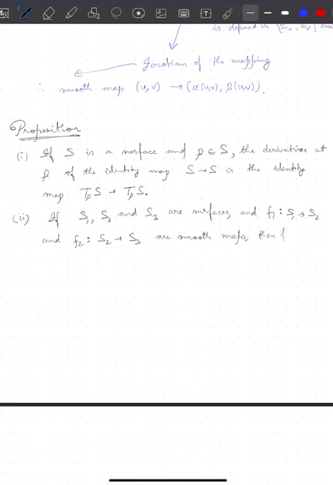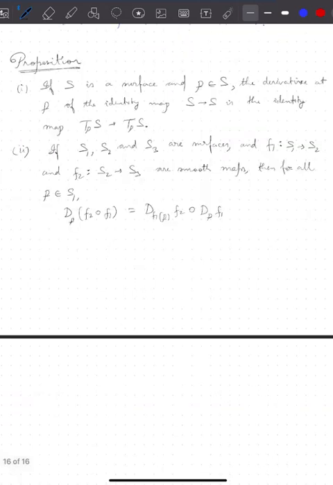Then for all vector P that is an element of S1, the derivative at P of F2 composed with F1 is equal to the derivative of F2 at F1 of P composed with the derivative at P of F1, right?